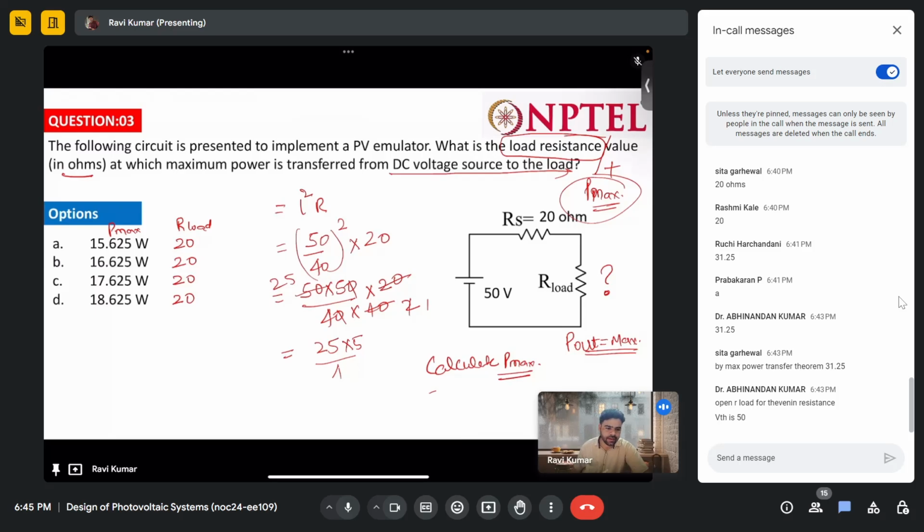Yes, my bad. Okay, 25 into 5 divided by 4 is 31.25. So a factor of 2 is there. Yes, so it will be 31.25. Even if you calculate this by I square R only, you will get this. So option A is correct. Fine.